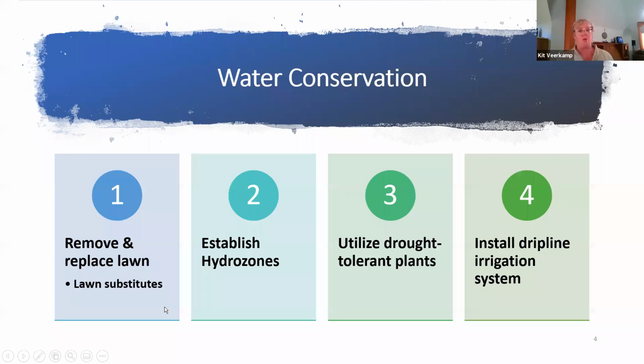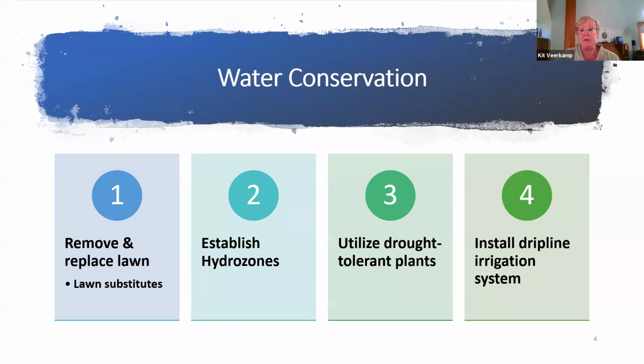Okay, so water conservation not only involves building your soils, but it also involves, as I talked about last class, removing and replacing your lawn. Lawns are ecological deserts. Oftentimes most people use quite a few pesticides, herbicides, and other chemicals to maintain them, which are obviously not great for the environment, your children or pets.